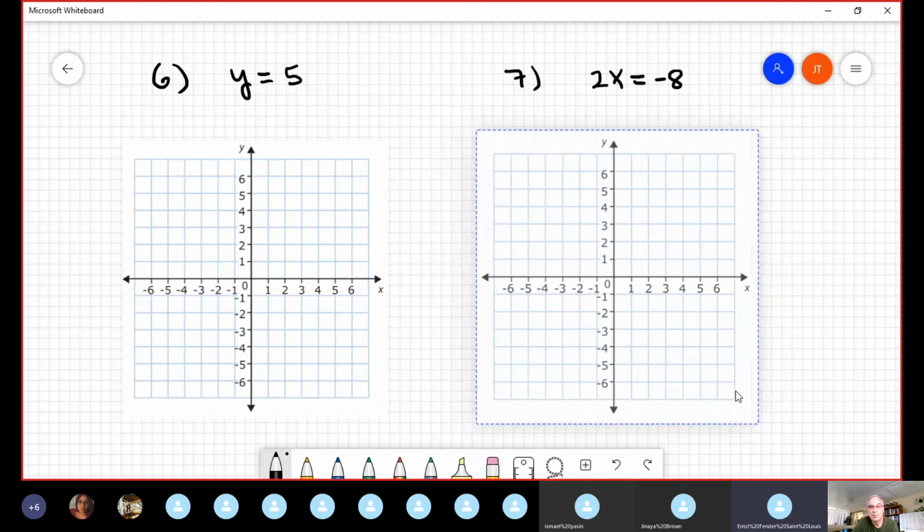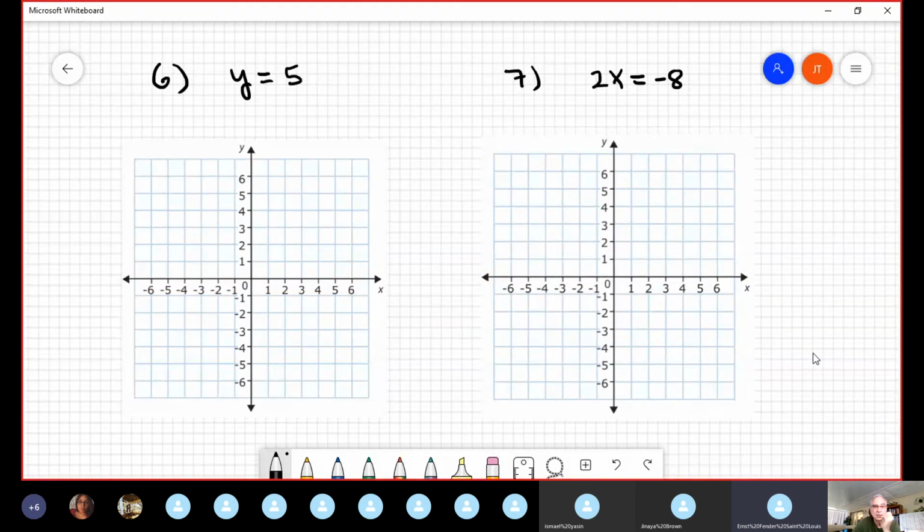For the first one, help me, please. It's supposed to be a horizontal line. Absolutely perfect. And the second one, it should be vertical line.